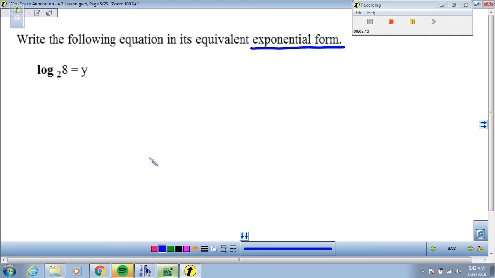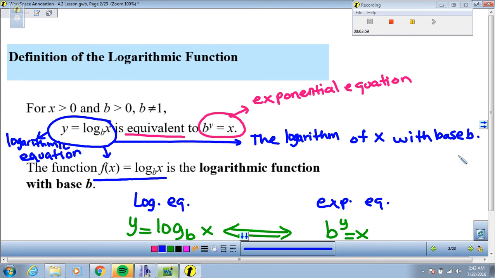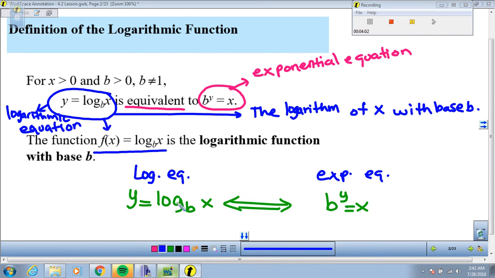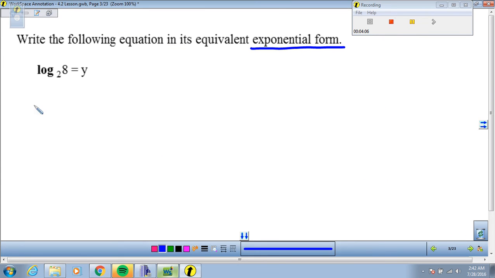The first thing that I would try to do is to find how similar this is to the format of a logarithmic equation, which is this one that I wrote here. It's basically the same, it's just flipped. So let me send the y to the front, because we are used to seeing the y at the beginning, on the left side of the equal sign. Sometimes seeing it at the end confuses us, but it's the same thing.